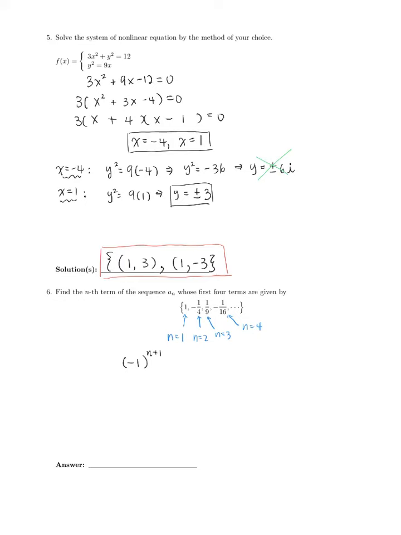So it looks like our denominator is going to be n squared. If you want to test it out, you can always check by plugging in your n values from 1, 2, 3, 4 to make sure that it matches what's given to you. But anyways, our answer in this case, our sequence a sub n, is negative 1 to the n plus 1, whole thing over n squared. I'm just going to keep it that way.